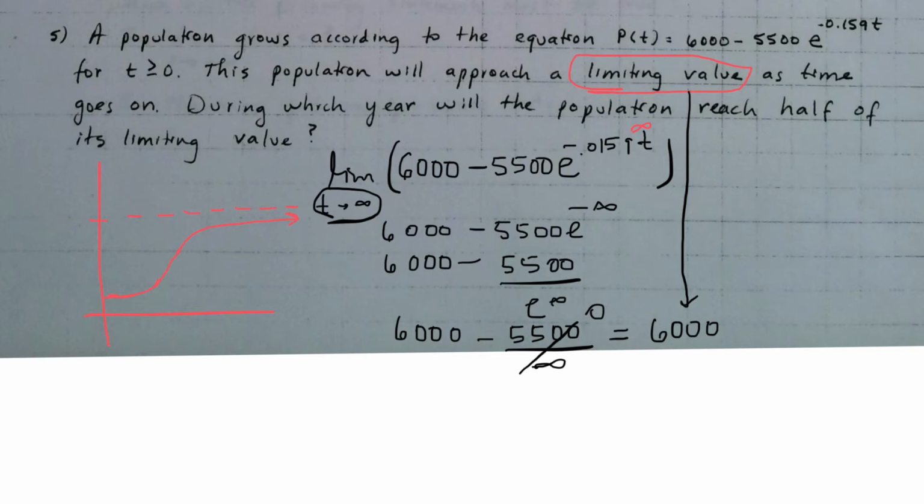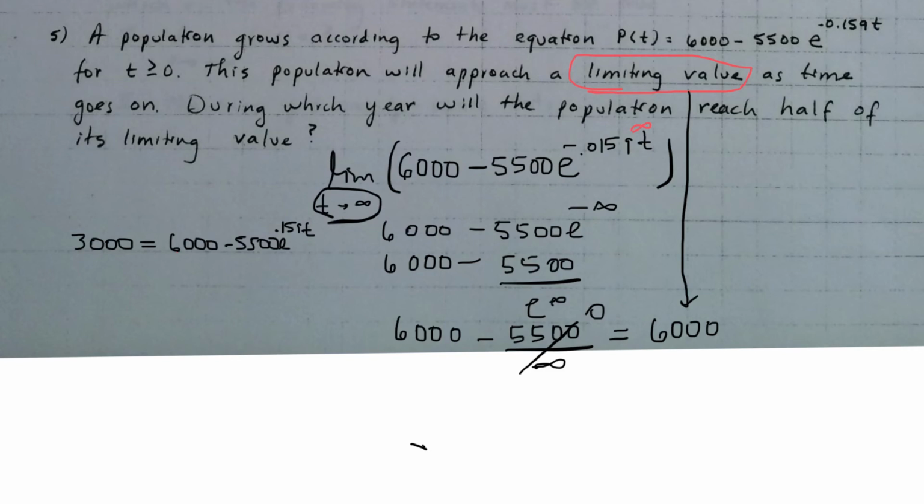So now we can continue with the question that says, during which year will the population reach half of its limiting value? Well, if the limiting value is 6,000, half the limiting value would be 3,000. So what we have to do now is say, take 3,000 and set it equal to the population, which was 6,000 minus 5,500 e to the 0.159t.